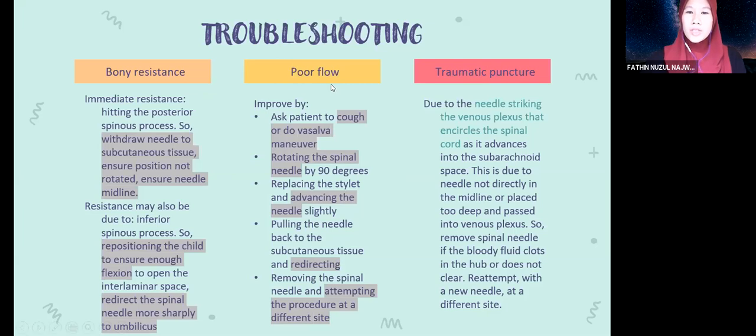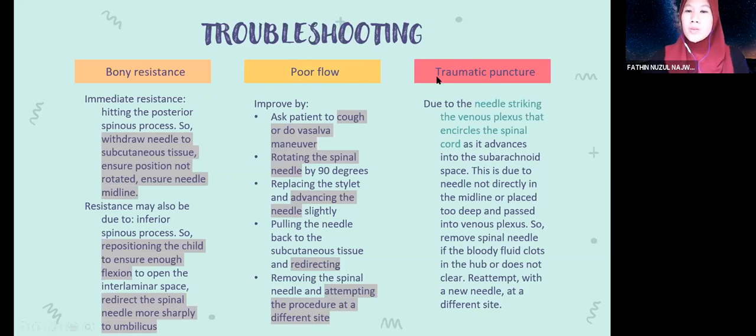And if the CSF has a poor flow, we can improve it by first asking the patient to cough or do Valsalva maneuver. Or if the child is young, they usually cry, and when they cry, the CSF flow will be much faster.